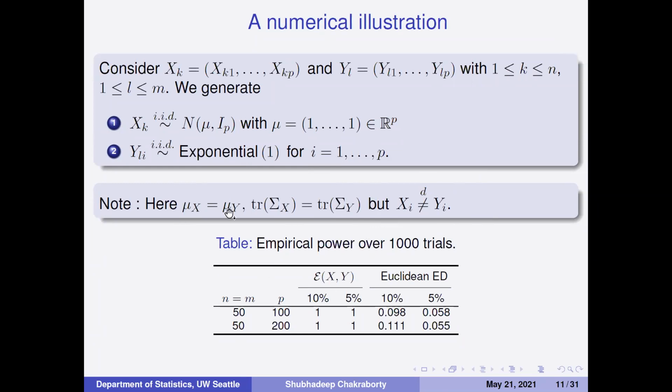This table shows the empirical power over 1000 simulation trials. We consider the sample sizes to be 50-50 and the dimension to be 100-200. We showed that the empirical power of the Euclidean energy distance based test is close to the nominal levels. So it clearly has trivial power in these kinds of examples.